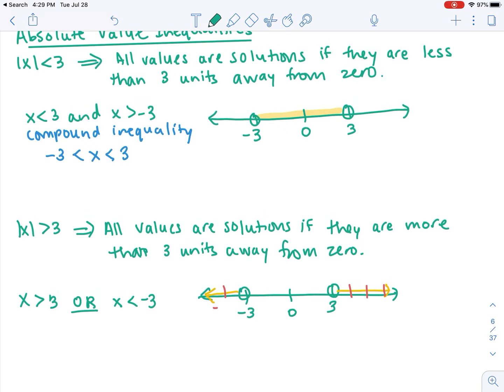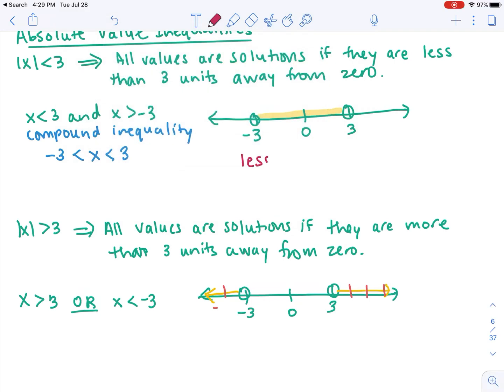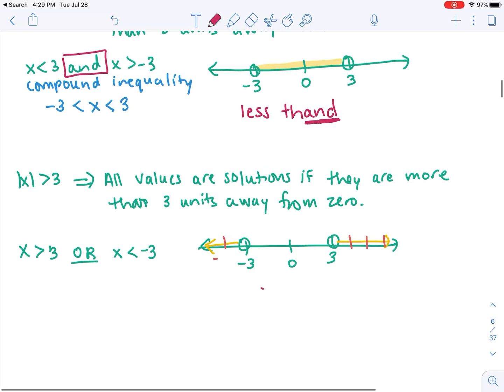So with that, I'm going to summarize this in a different color. When you think of the phrase less than, the tail end of than is an, and if I add a d, we have that keyword there being and. So with absolute values that have less than, your final solution will have the word and between the two inequalities.